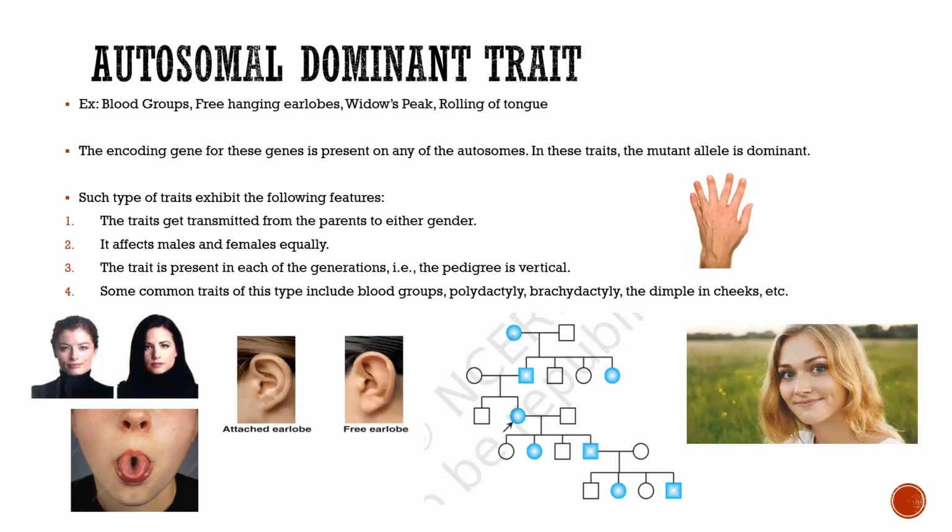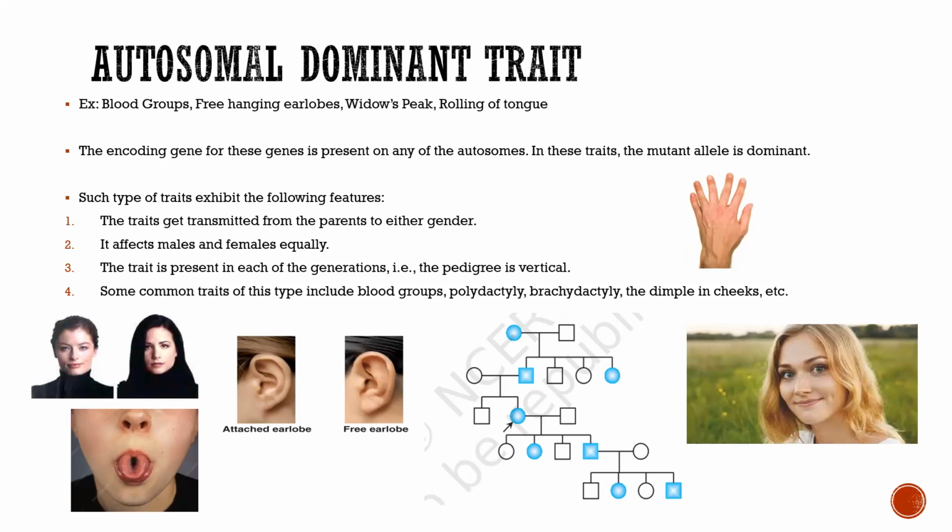These are all autosomal dominant traits. Traits means characters. So the encoding genes for these traits are present on any of the autosomes. Autosomes are body chromosomes. So the mutant gene is present on the autosome and it is dominant.